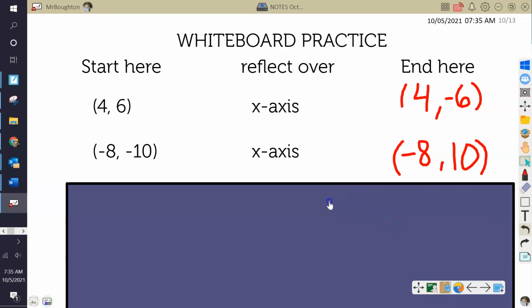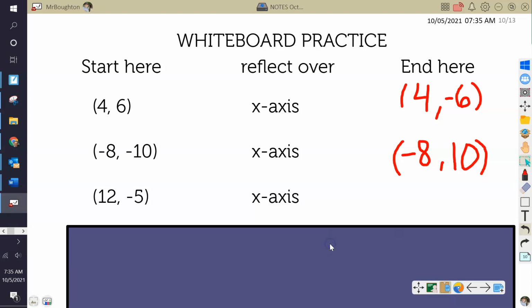Next. Go. Okay, once again, reflecting. All right, once again, we're reflecting over the x-axis. The x remains the same, and the y is the opposite.